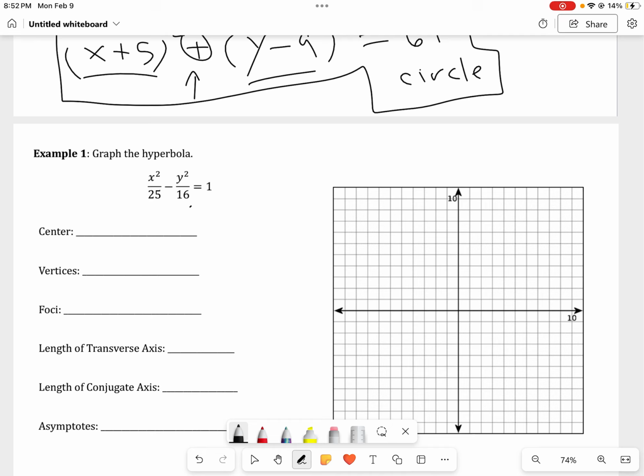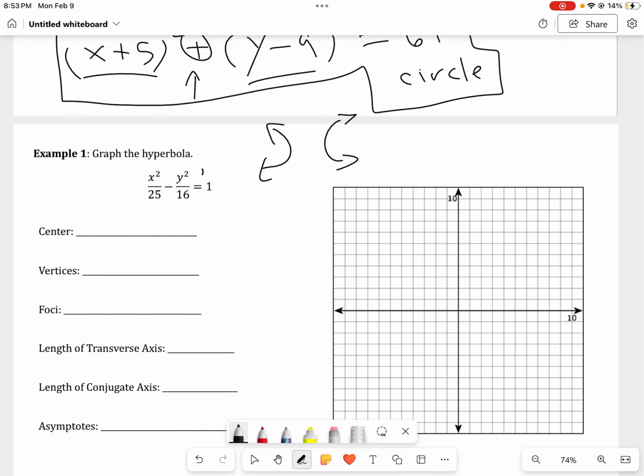What we do know is that always only the top is going to change. So the way to see if it's a vertical or horizontal hyperbola is to see which term is first. Looks like it's x. That means it's going to be horizontal, so it's going to look something like that.